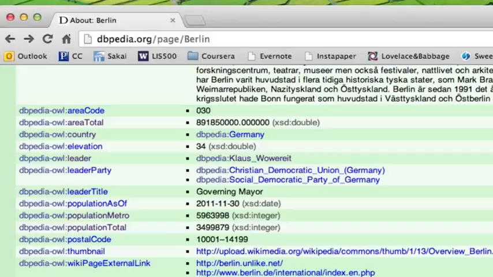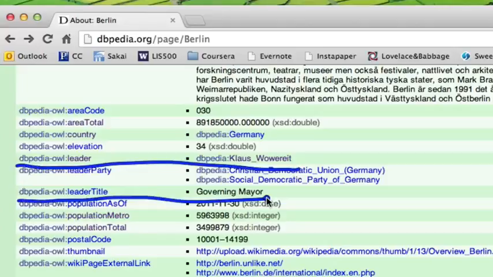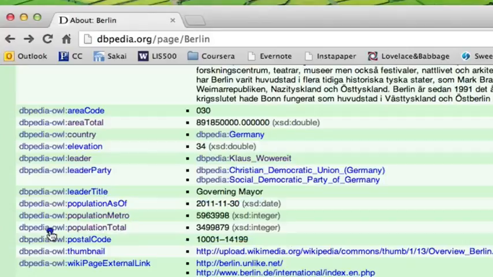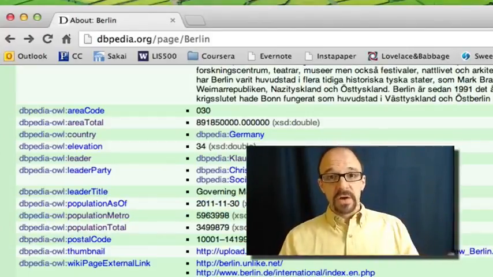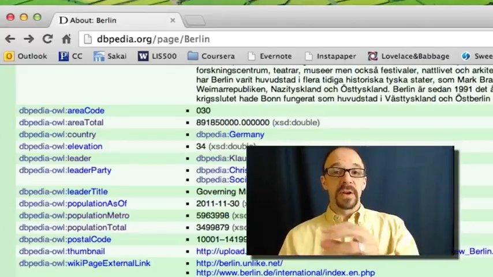So as I said, there are lots of triples being declared here. For example, we have the leader and the leader's title, governing mayor. And we have population, and population as of. We could go through each one of these triples in turn, but the point is each of these triples has a different value.